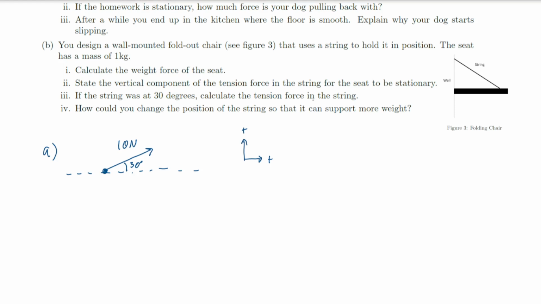And so your pull force can be split into a horizontal, so to the right, and a vertical, so upwards, force. I'll label that as Fy for the force in the y direction, the vertical direction, and Fx, force in the horizontal or x direction.